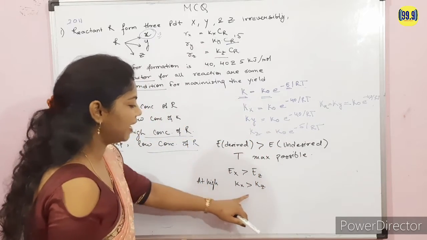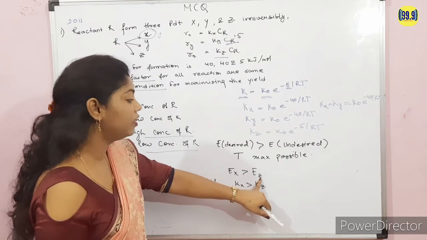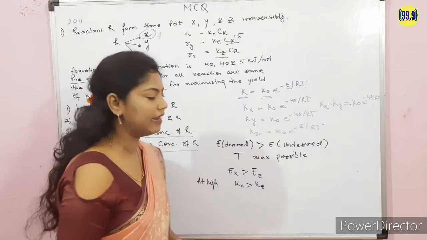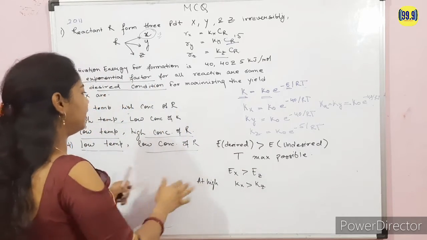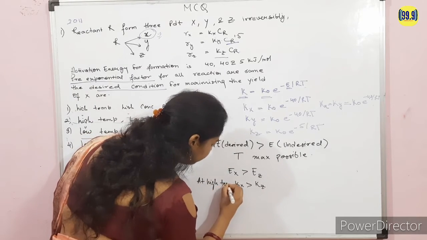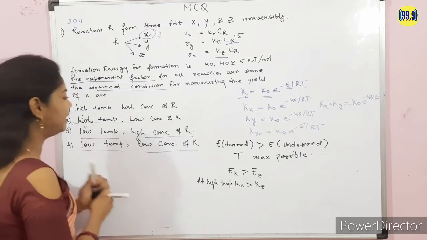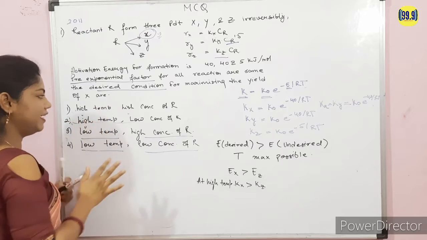That's why I have written that the activation energy of X is greater than that of Z. So the first favorable condition for this numerical will be high temperature. Now we check our options: options 1 and 2 contain high temperature.